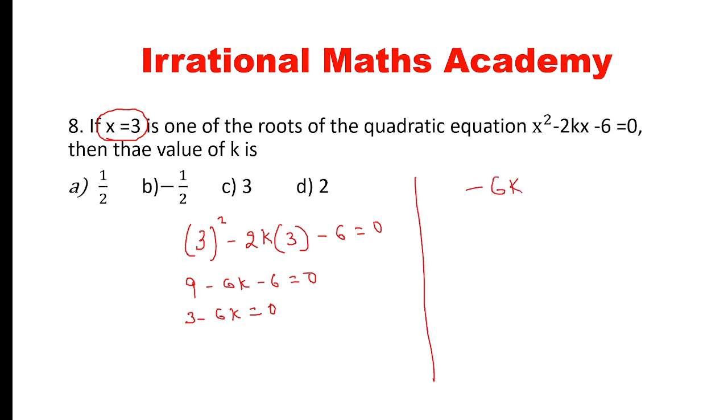Minus 6k equal to minus 3. How did I get minus 3? If I transpose this plus 3 to this side, I'll get minus 3. And k value equal to minus 3 by minus 6, which gets cancelled. 3 ones are 3, 3 twos are 6. So k value equal to 1 by 2. Option A.